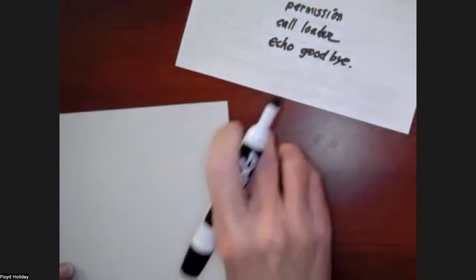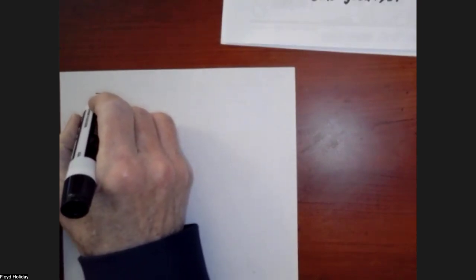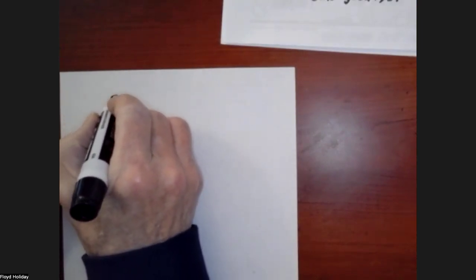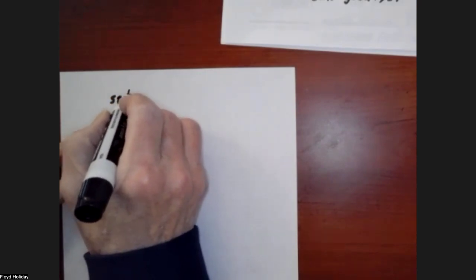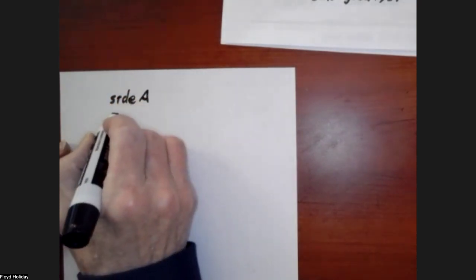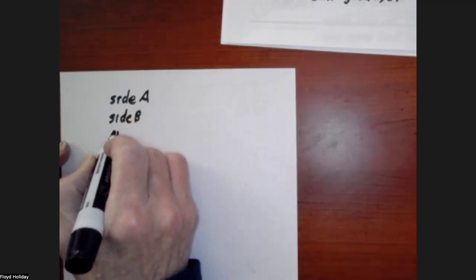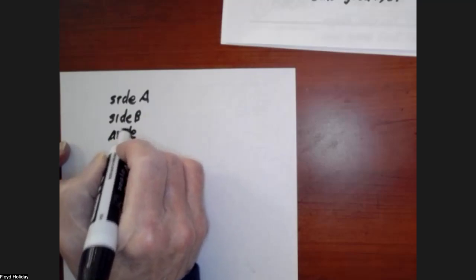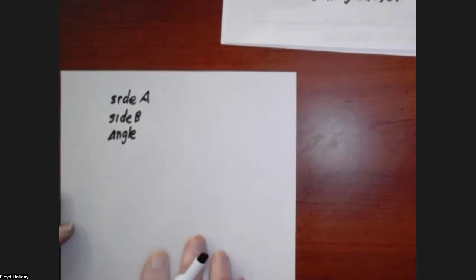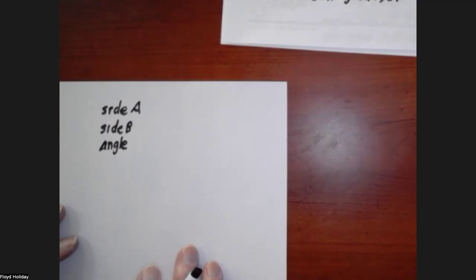For the rest of the semester, I'm going to try to end at 11 or close to 11 and conduct an open office hour after that. Okay, so three values here: side A, side B, and angle. Let's go on BSS. Let me think. No, these are not arrays. BSS wants an array.